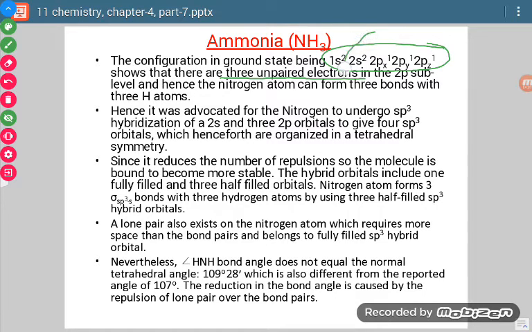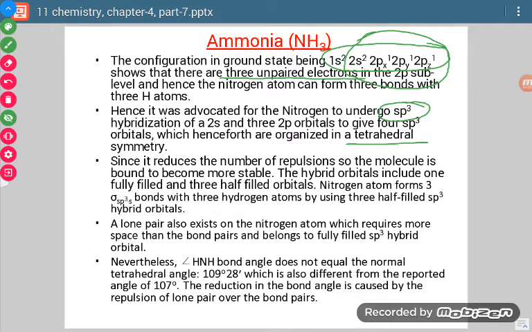So this much is the valence shell, but there is no more orbital, so nothing can jump ahead. So it means there are 2 electrons in the 2s orbital and a single electron in all the 3 p orbitals. Okay, so it will undergo sp3 hybridization, and what will be the result?